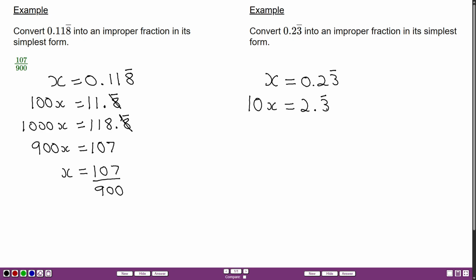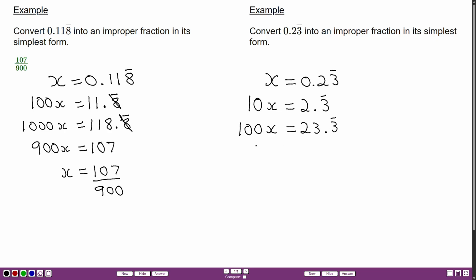I'm going to need my other equation, so I'm going to need to times by a 10 to get another equation with a 0.3 recurring. So when I times by 10, I'm going to get 100x on the left hand side, and this one's going to become 23.3 recurring. And now finally I'm in a position to do my subtraction to eliminate the recurring part.